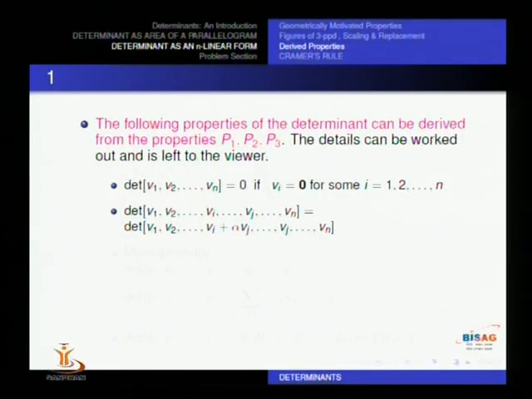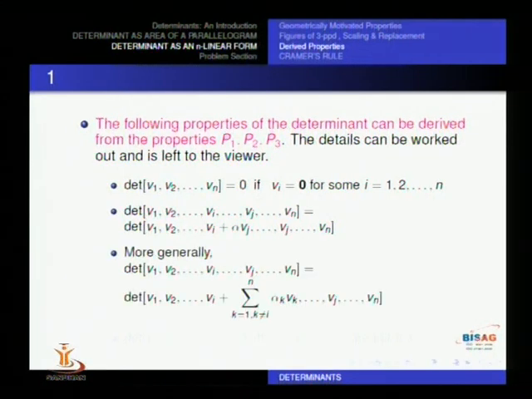Second property is, given a determinant, if you add some multiple of some column to another column, the value of the determinant remains the same. More generally, if you take any column and you take all other columns and take multiples of those columns and add to this column, the value of the determinant remains the same.